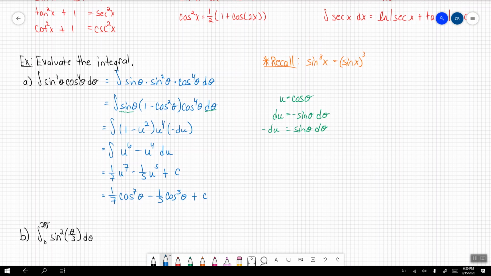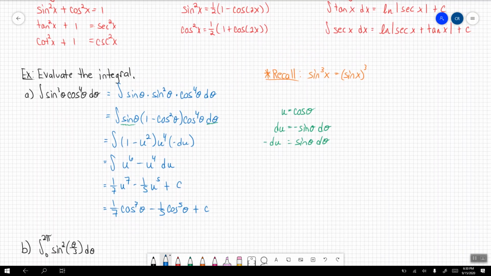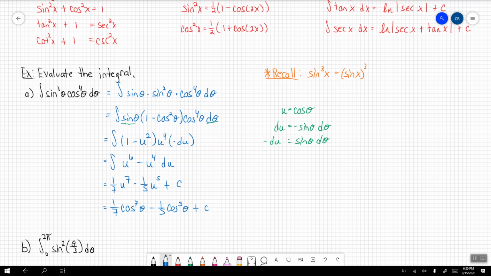So using my power reduction, notice that your argument is theta divided by 3. So we have to make sure that we account for that when we're making our substitutions.